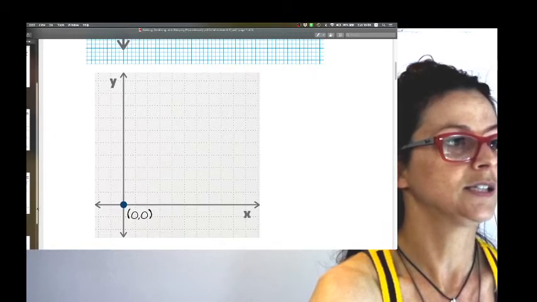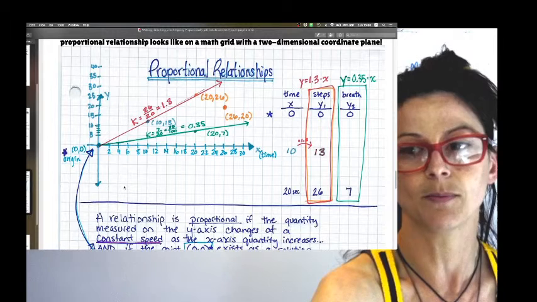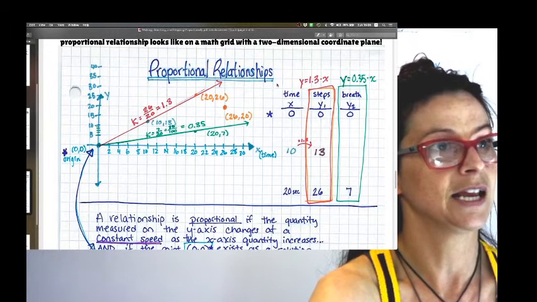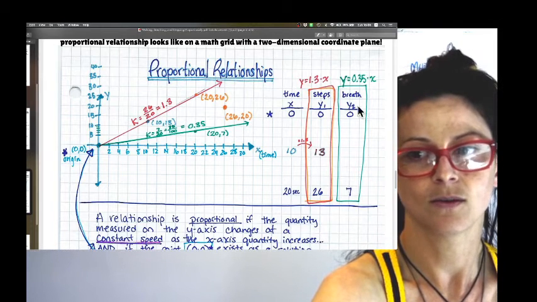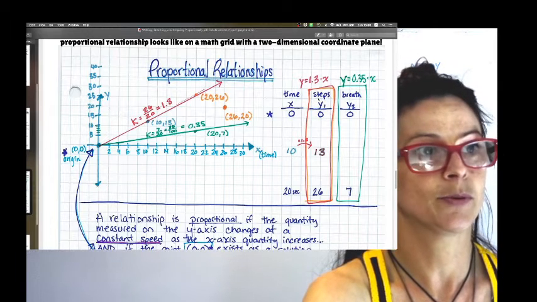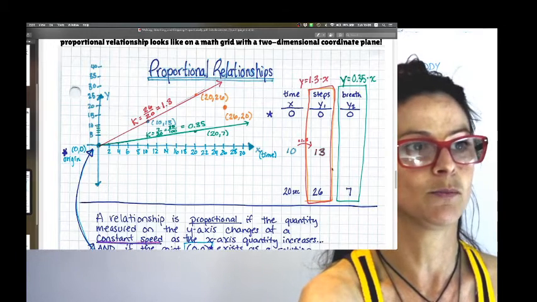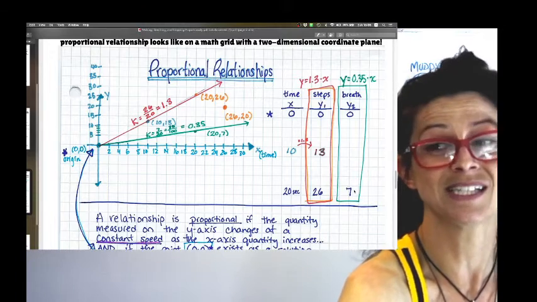So if you want to take a peek at what my trail walk looked like on the XY plane, this is it. So you have the y-axis representing steps and breaths. When the XY plane is representing steps, you see that I'm taking many more steps than I am breaths. In 20 seconds, it took me 26 steps, but only 7 breaths.